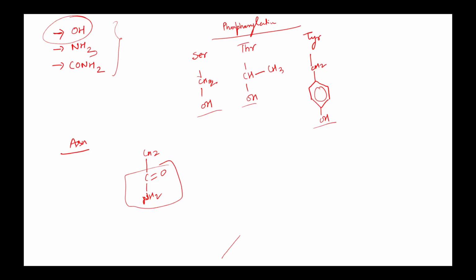Other amino acids, for example proline, which has NH2 in its cyclic side chain where NH2 is accessible, can also undergo post-translational modification.